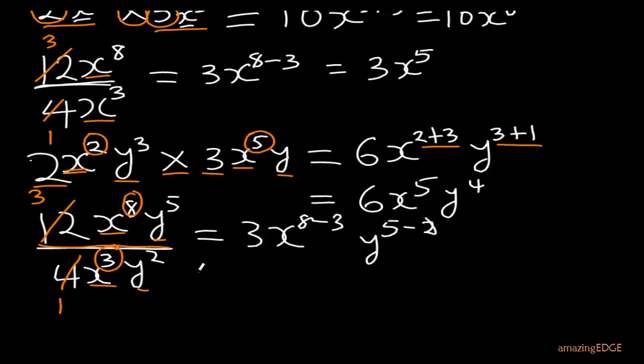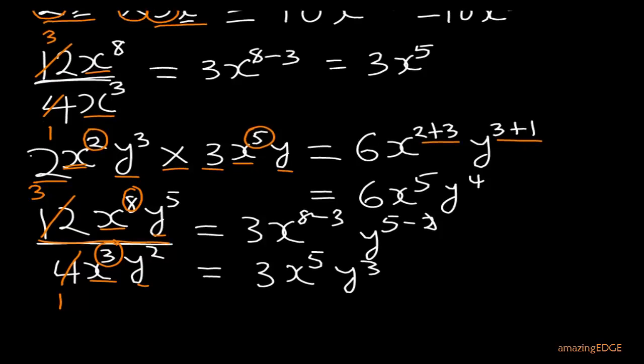So this will give us 3x raised to power 8 minus 3, which is 5, times y raised to power 5 minus 2, which will give us 3. So that will give us the simplification of that problem.